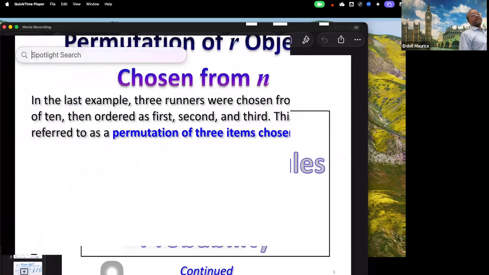But there's a different way to do it, a shortcut. That shortcut is called a permutation of r objects chosen from a total of n items.